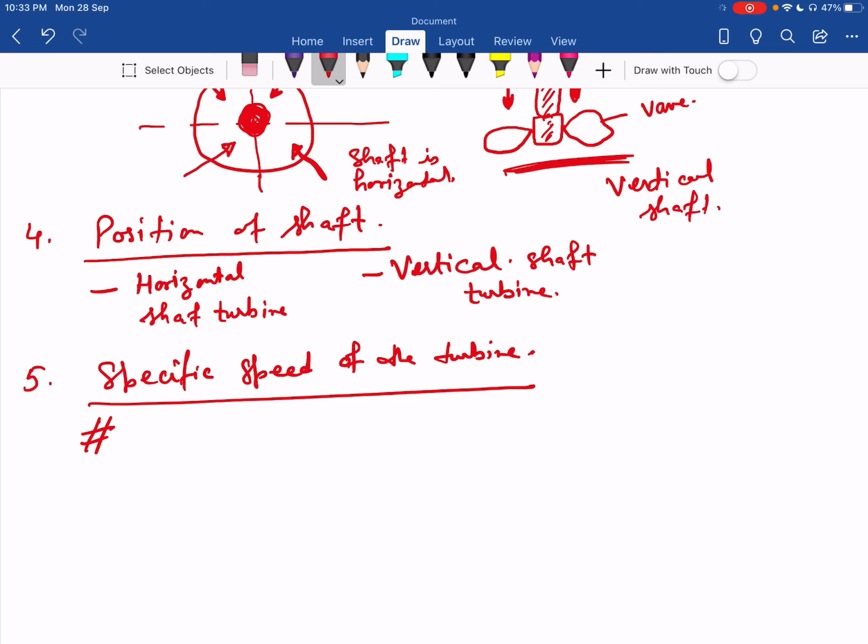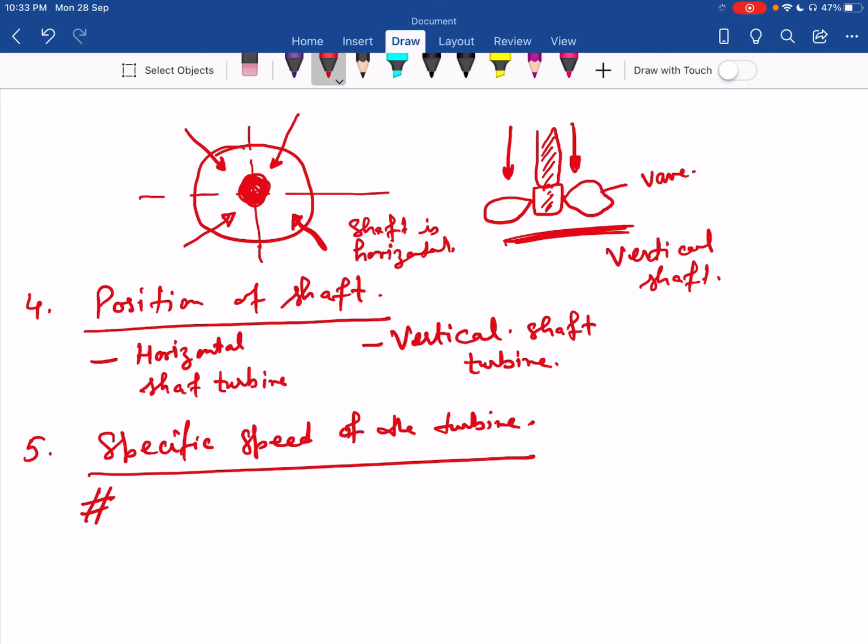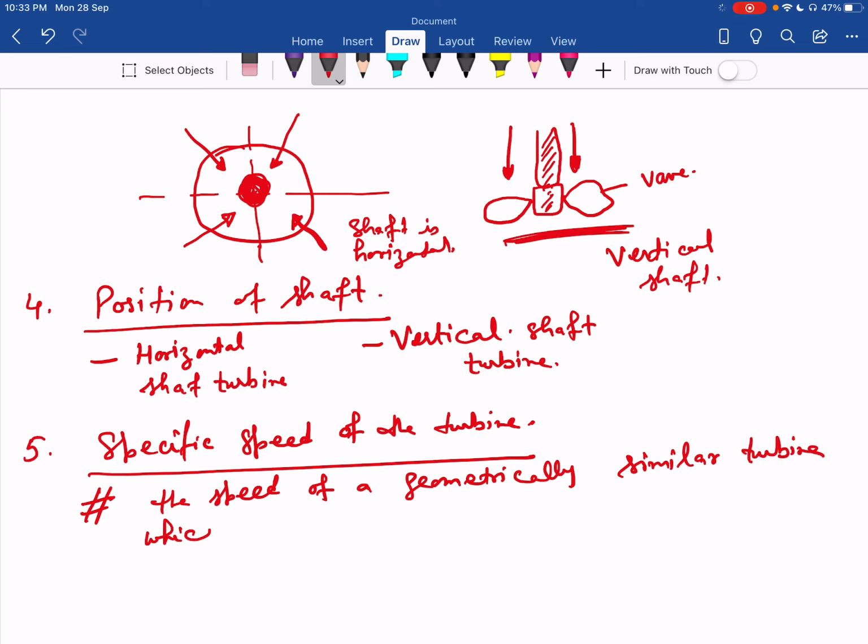Specific speed of a turbine is defined as the speed of a geometrically similar turbine which produces a unit power when working under a unit head.